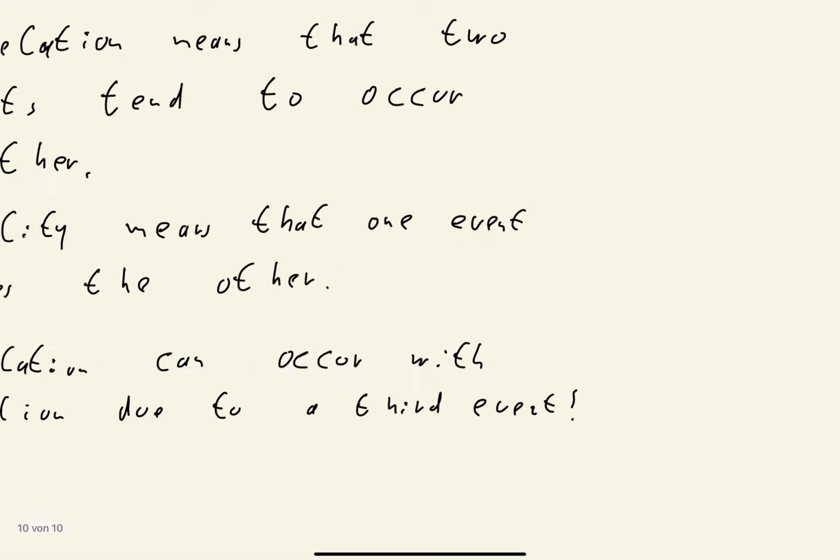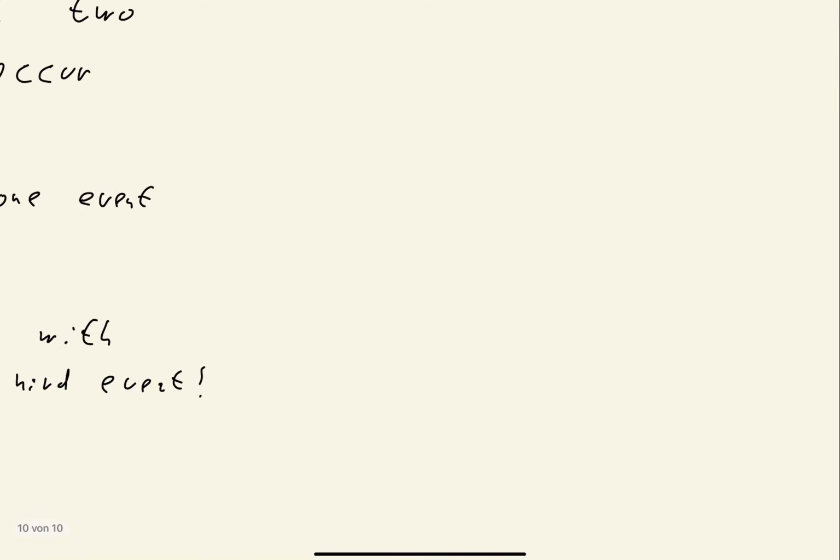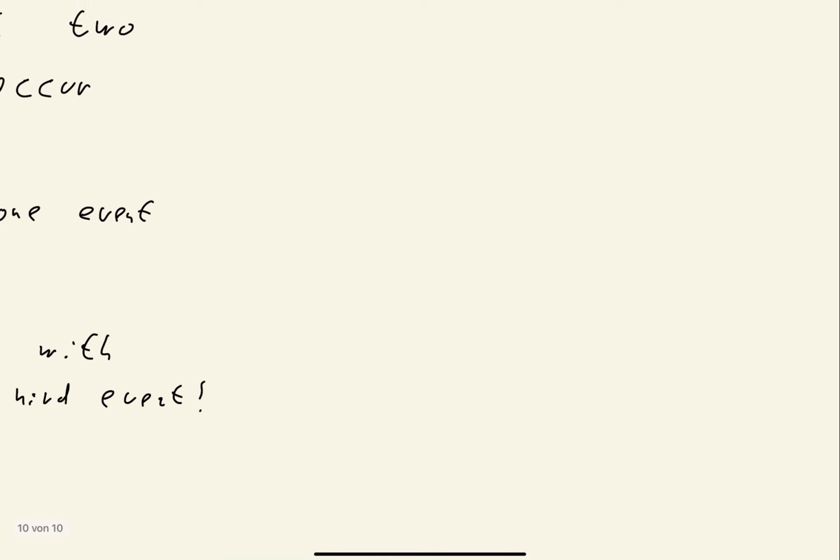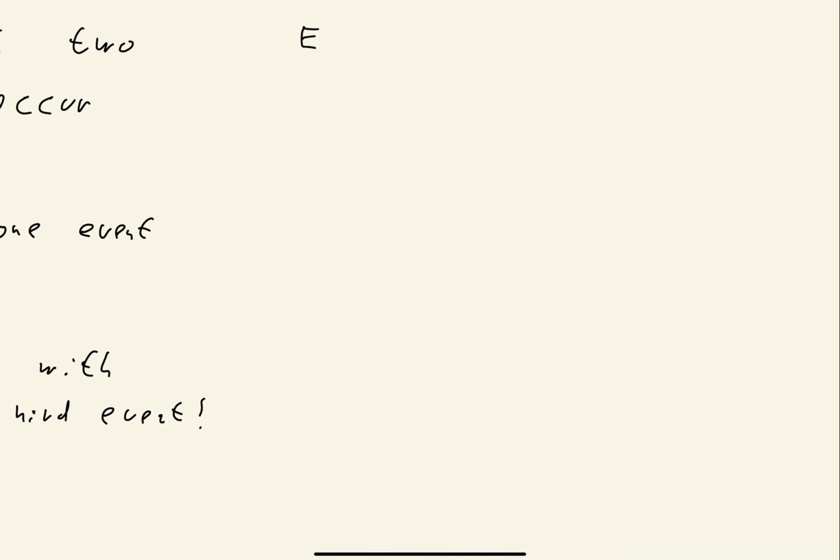So let me give you a very simple example here. Let's assume that one event is buying ice cream, and let's call this event 1, and then event 2 would be visiting swimming pools.